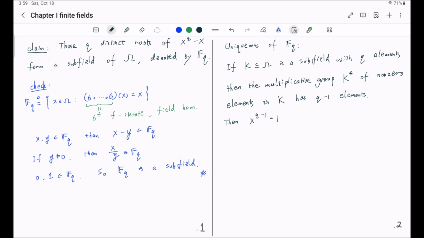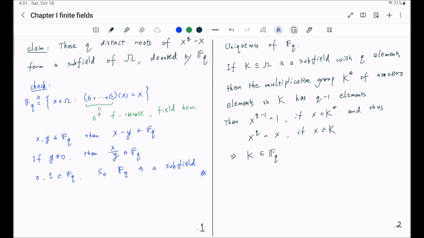So x to the q minus 1 must be equal to 1 whenever x is in K star. And thus, for any element in K, x to the q must be equal to x. Because the additional element from here to here is just 0. And 0 trivially satisfies this. And this shows K must be contained in Fq.